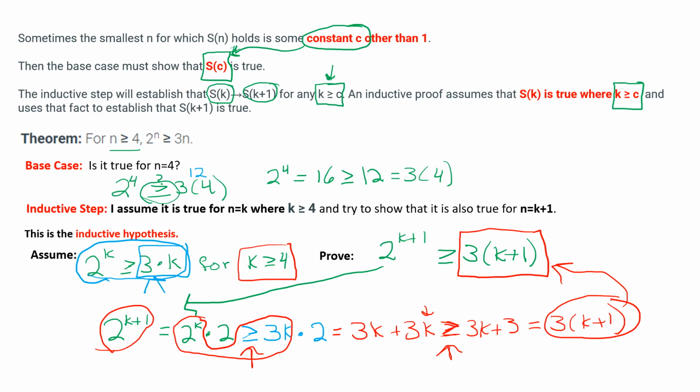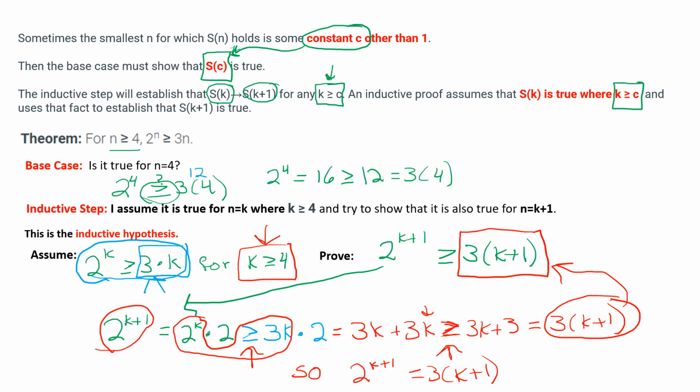So let me just restate that then. So that means that 2 to the k plus 1 is equal to 3 times k plus 1. And that's true. We know it's true for k greater than or equal to 1, but we didn't even need to go that far because they were only asking us to prove it for greater than or equal to 4.